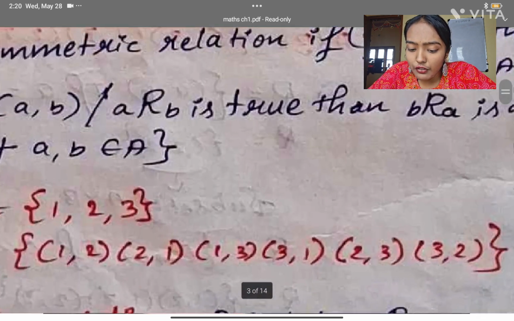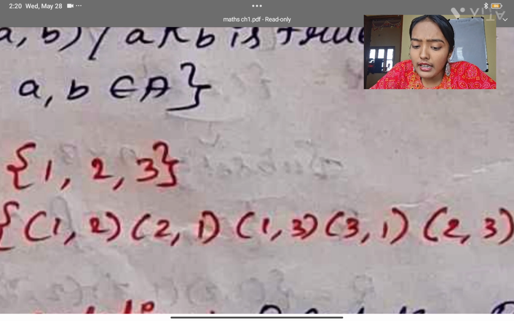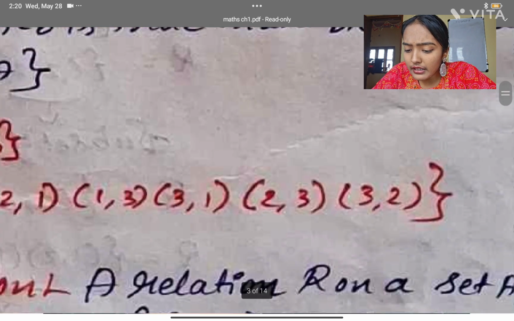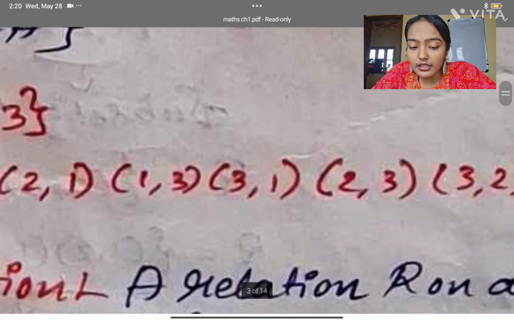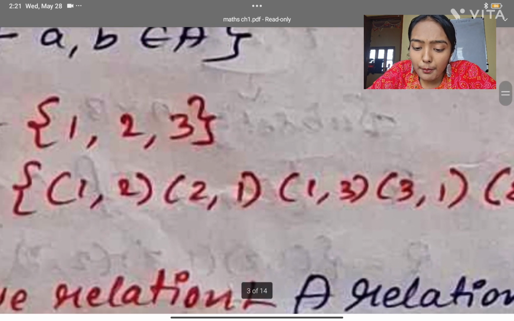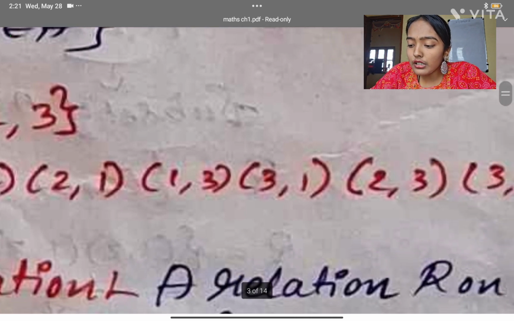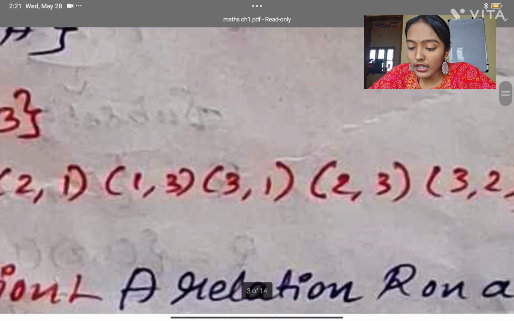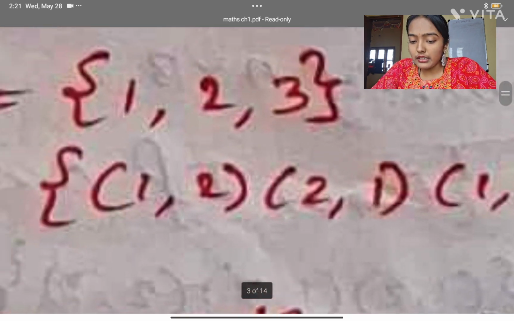If we consider AC, there should definitely be CA. If we consider BC, there should definitely be CB. It's not like you have it specifically like this only.